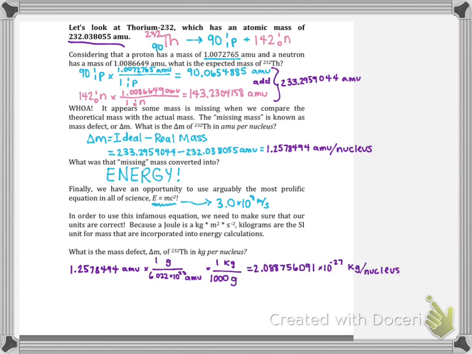And as you might expect, we get this really teeny tiny mass that's lost for every one nucleus of this thorium. And I know the sig figs are annoying and writing out all those numbers is tedious, but if I can do it with my finger on this iPad, you guys can do it when it comes to exam time.